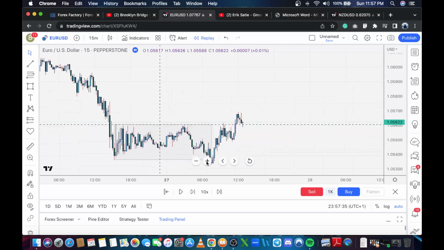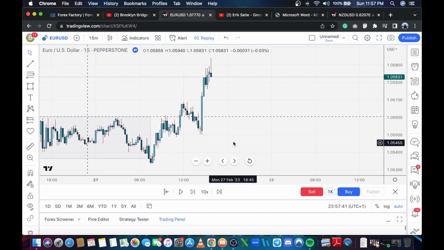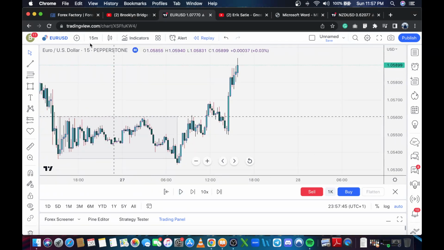And so you have here a breaker block, fair value gap. And what you can see there is we traded slightly through the breaker block.